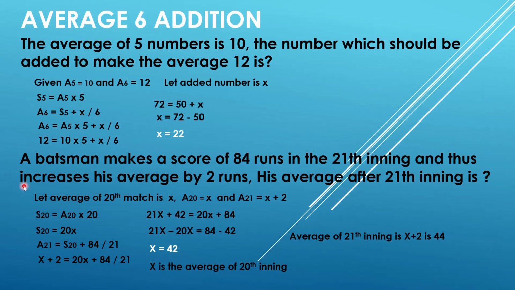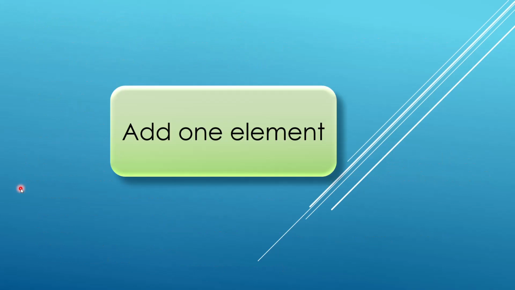These six types you can practice, and then you will not get any problems in averages. This average will also cover questions like finding the addition of the first 20 numbers or odd numbers, which you can also solve using averages.